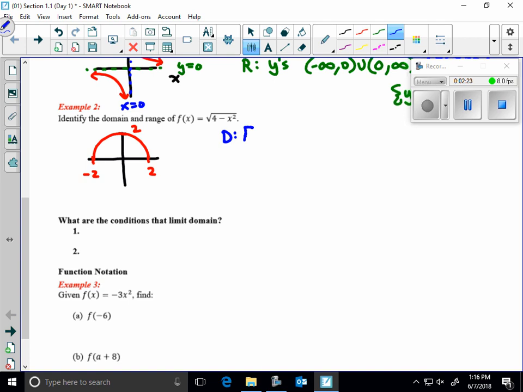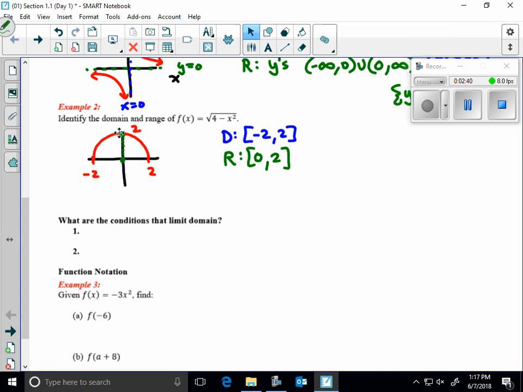I would say -2 to 2, including both of those values. That would be a closed interval. And our range would go from 0 to 2. So you could see the range of possible values vary from there to there, and our domain of possible values could be any value between -2 and 2.